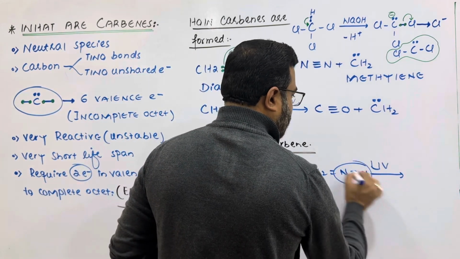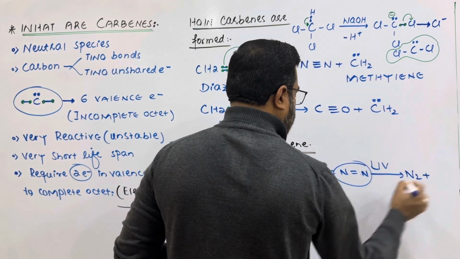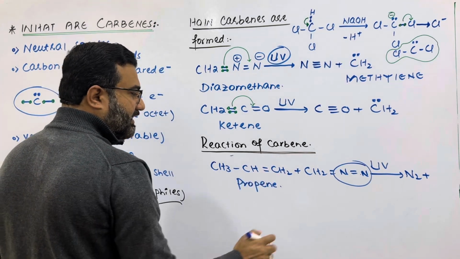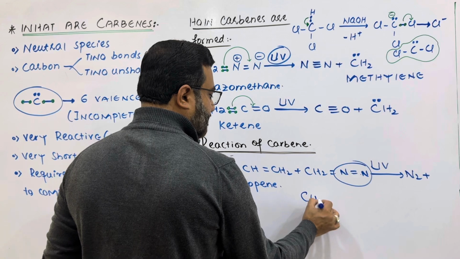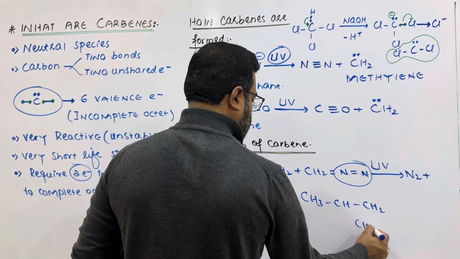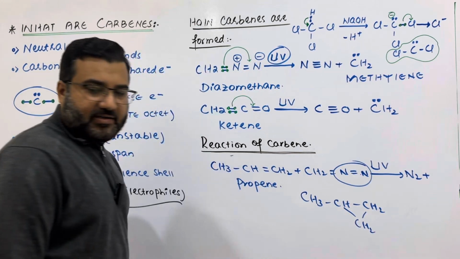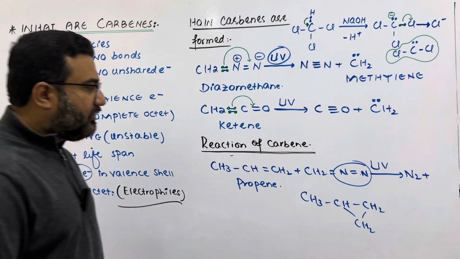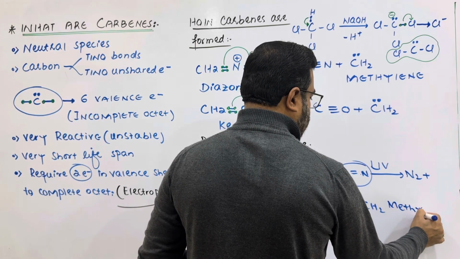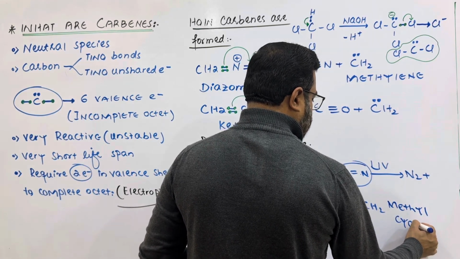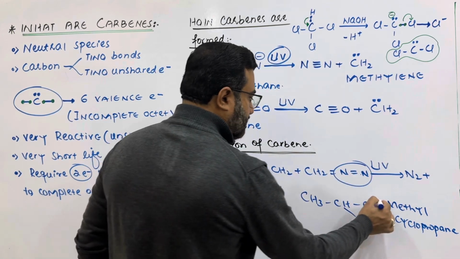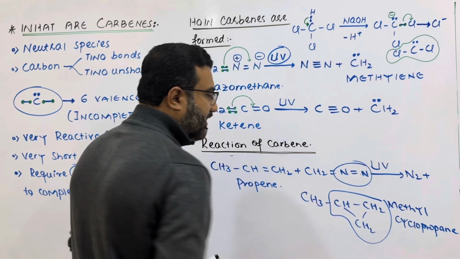This N2 will be removed, and then you will get methylene in the form of the carbene, and this methylene will get attached to the unsaturated carbons. You will get this cyclic compound, and this cyclic compound will be called methylcyclopropane. This one is cyclopropane and it is methyl.